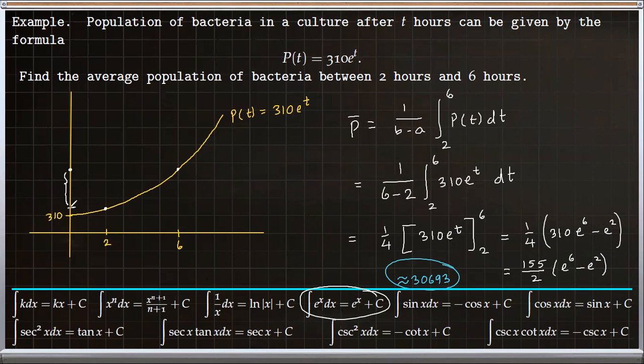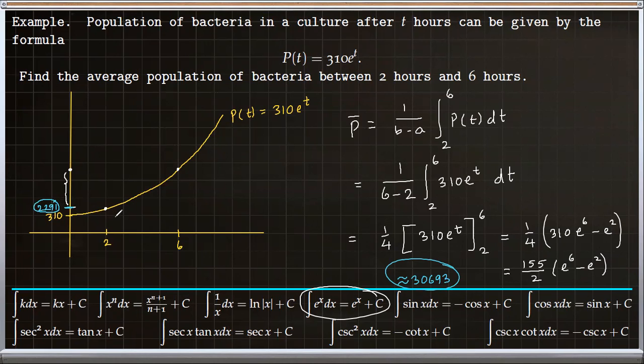So let's see where this value will lie on the graph of this function over here. When t is 2, this value over here will be 310 e squared. And that comes out to be approximately 2,291 rounded to nearest whole number.